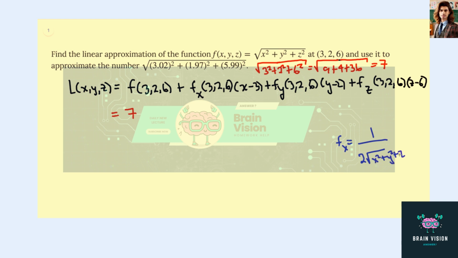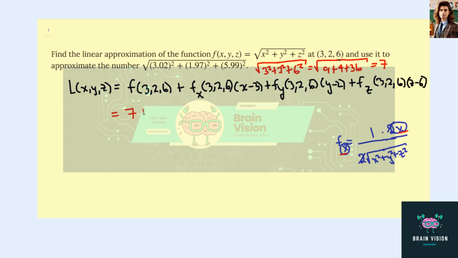And then by the chain rule, I multiply by the derivative of the inside with respect to x, giving me a 2x. Those 2's cancel, and you see you have an x on top, radical on the bottom. And so when we do partial derivative with respect to y, we'll get a y in the numerator. And if we do with respect to z, we'll also get a z in the numerator.